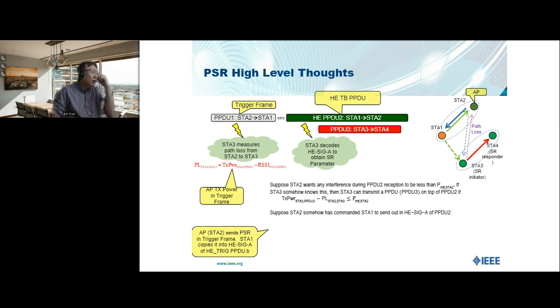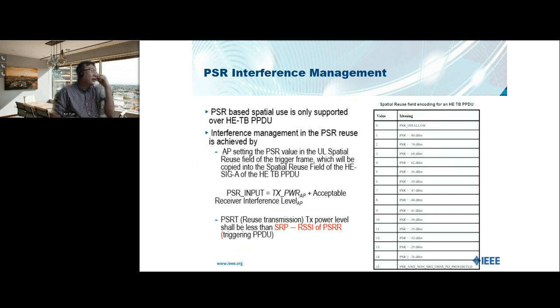So if station 2 commands the station to send out its PPDU to satisfy this interference constraint on transmission power, then it happens.